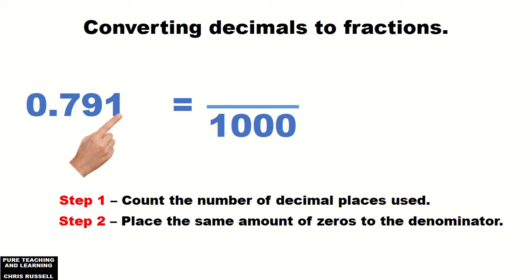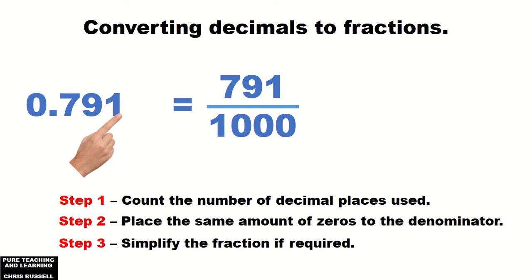So now we're going to have 3 zeros, so therefore our denominator is 1,000. And therefore 0.791 equals 791 over 1,000, or 791 thousandths. And we simplify the fraction if required. In this case, we cannot.